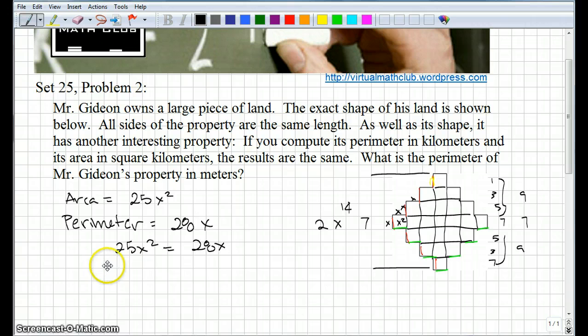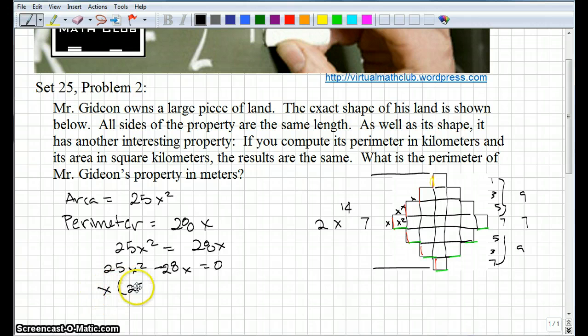There's a couple different things we could do. We could divide by x because we know that x isn't 0. It shouldn't be 0. But it's generally not a good habit to divide by x because usually you don't know that it's not 0. So probably the best way to do it would just be to say 25x squared minus 28x is equal to 0, and then factor out an x, right?